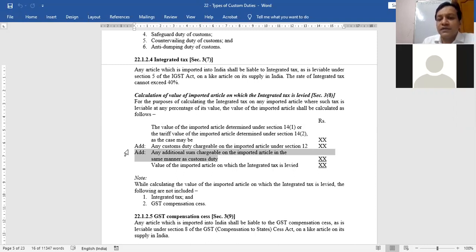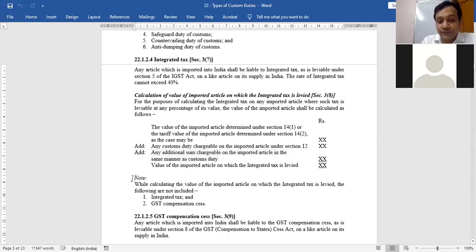Any additional sum charged on imported article in the same manner as custom duty. So these three, social welfare surcharge, road and infrastructure cess, and national calamity and contingent duty, are just like custom duty, though not under section 12. You have to add those also. And then whatever value you get, that has to be multiplied by the percentage and you get the IGST.